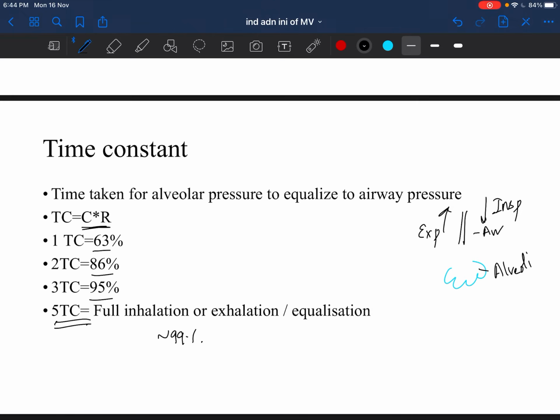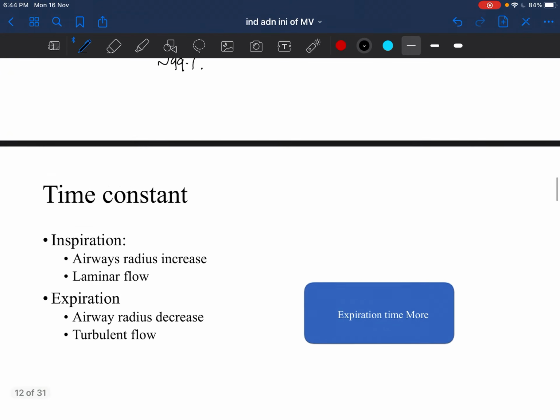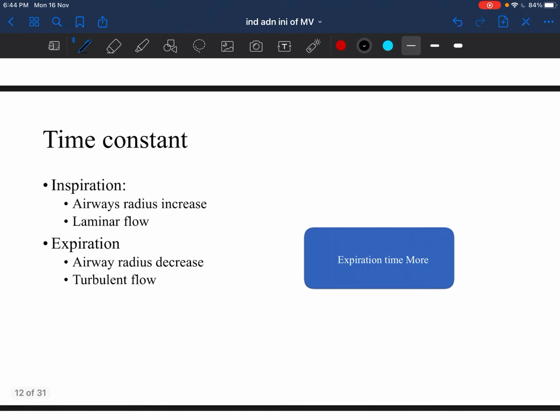So in other words, your time constant will be your determinant of inspiratory time. Why not expiratory time? Theoretically speaking, 5 time constants for inspiration means 5 time constants for expiration also. 99% fills, 99% goes out, so air pressure equalizes. But in reality it does not happen that way, because during inspiration, or at least a spontaneous inspiration, there is a negative intrathoracic pressure which causes the airway diameter or radius to increase.